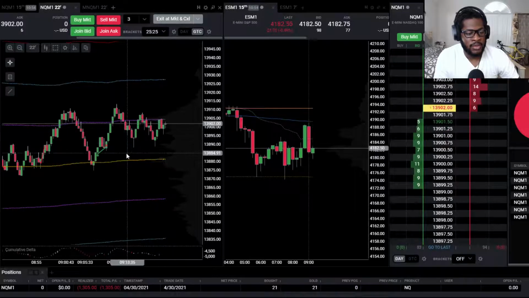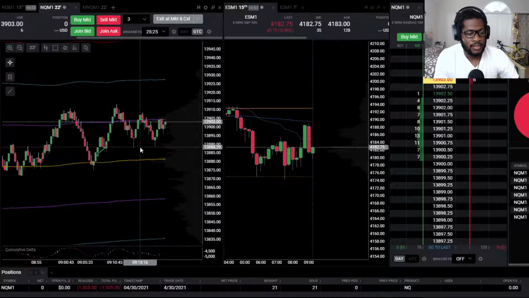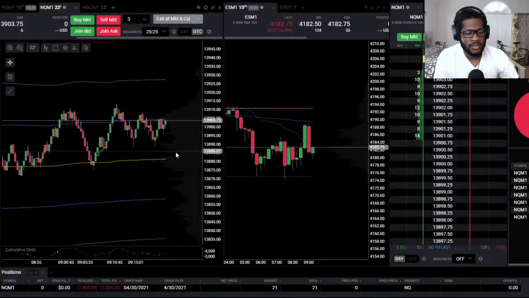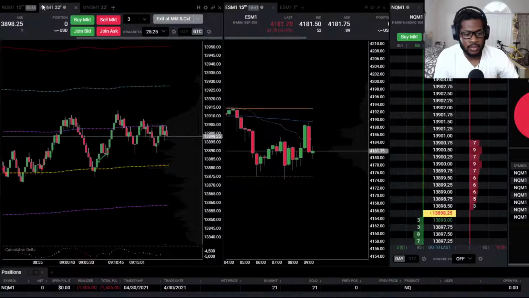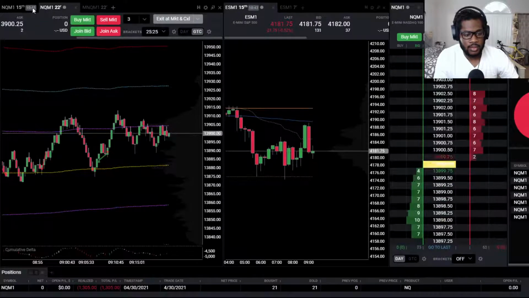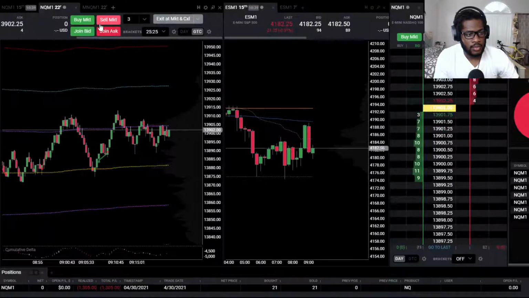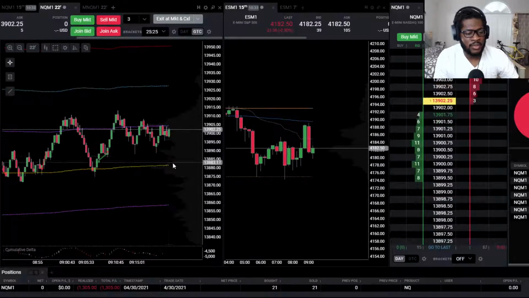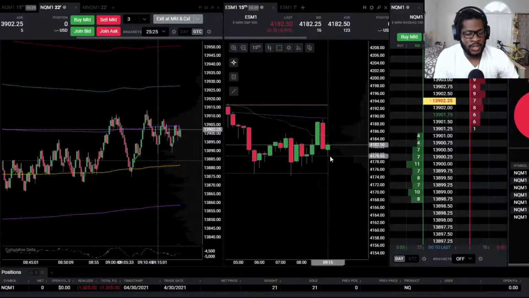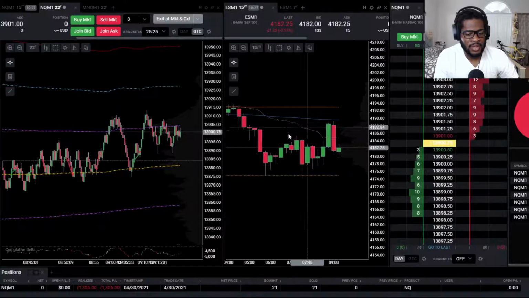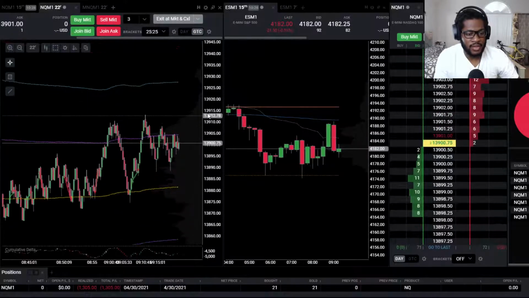I like this double bottom. I do like that double bottom. I really want to buy here based on that double bottom and the ES starting to show some green, some signs of life.